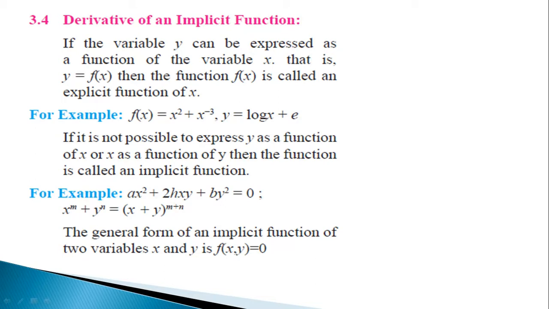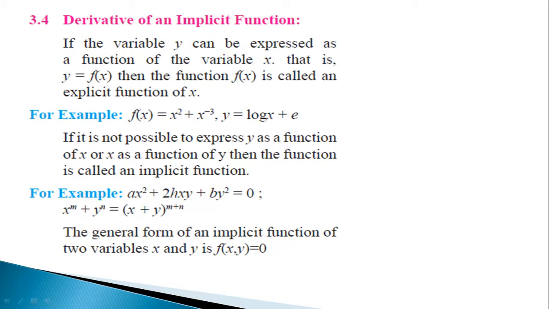Similarly, x raised to m plus y raised to n is equal to x plus y raised to m plus n is also an implicit function. In general, it can be expressed as f of xy is equal to 0. So x and y are together. That type of equation is called an implicit function.